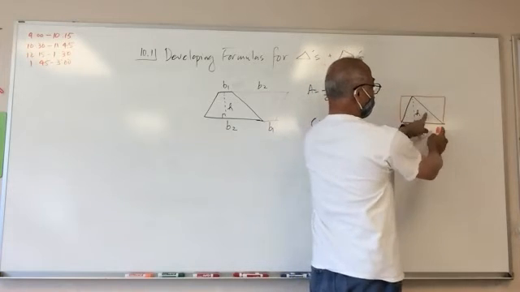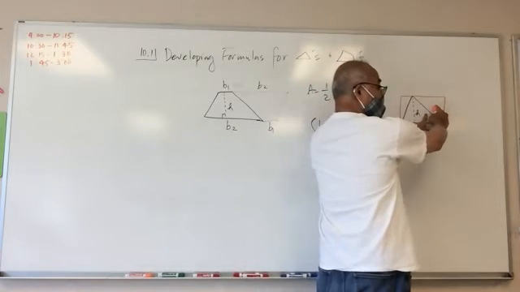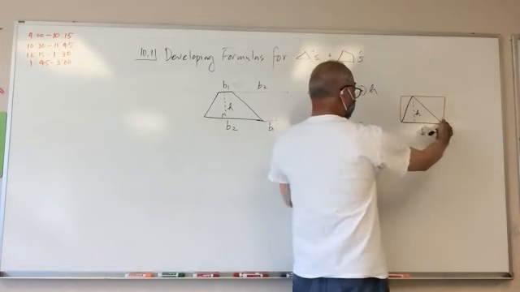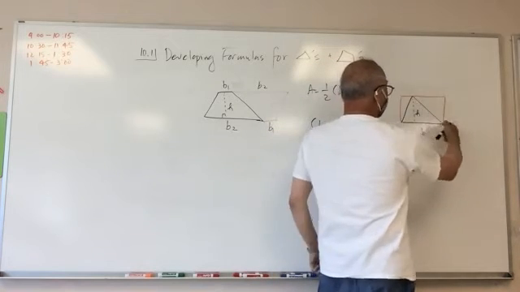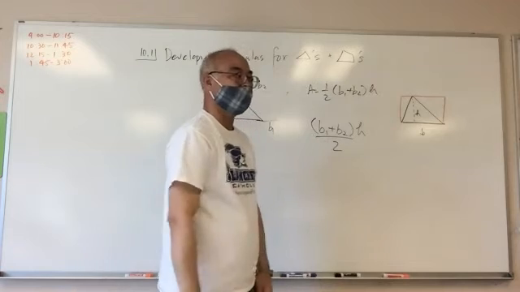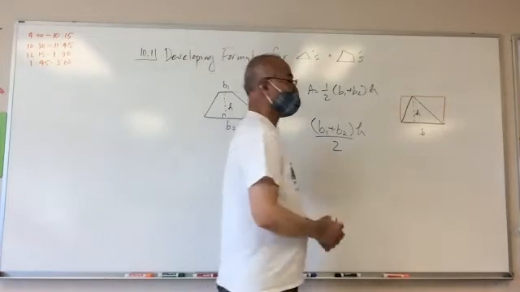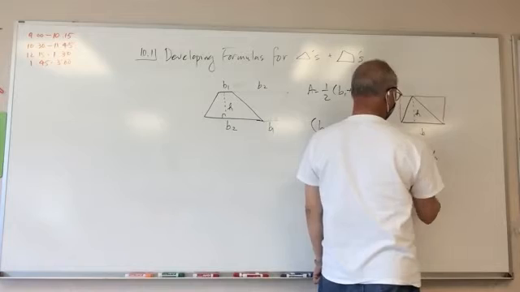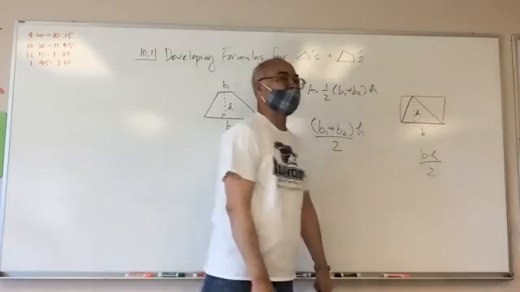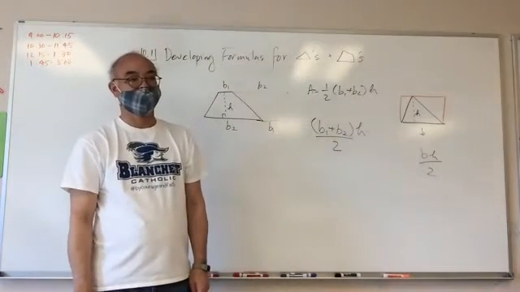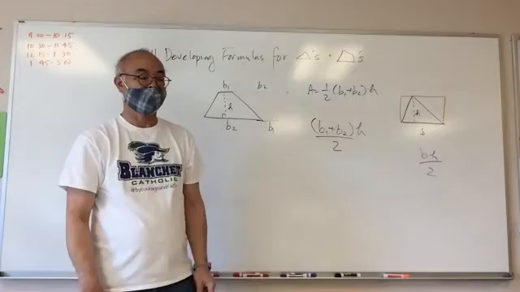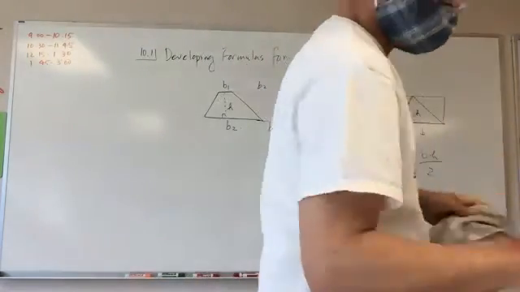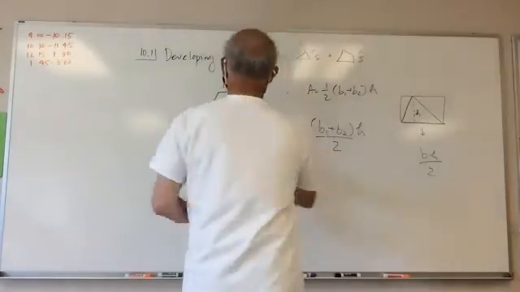And by the same token, this triangle and this triangle are the same, which means that the triangle has to be exactly 1/2 of the rectangle's area. And the rectangle's area here is going to be B times H. So the triangle is 1/2 of it. We'll do this again soon. Let's go ahead and do example number 2.